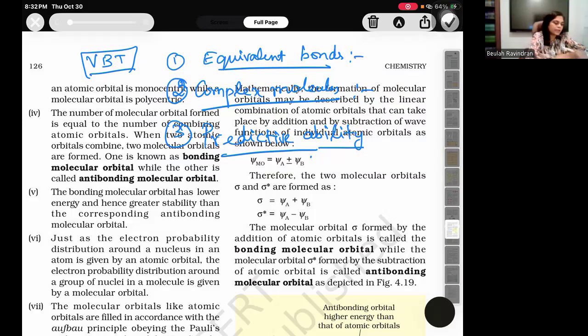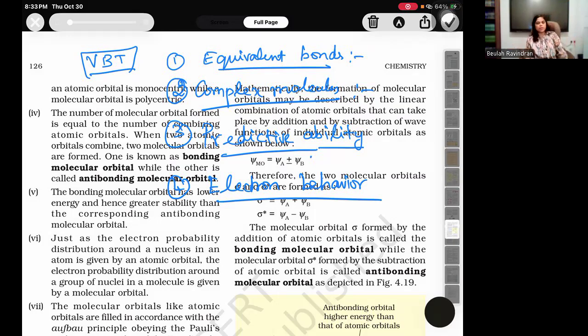Then the next one, electron behavior. That is a very important property. This also VBT and basic theory fail to explain. It has some inability to fully describe electron behavior in molecules. Take down this: inability to fully describe electron behavior in molecules, especially in cases where electrons are spread across multiple bonds or multiple atoms.